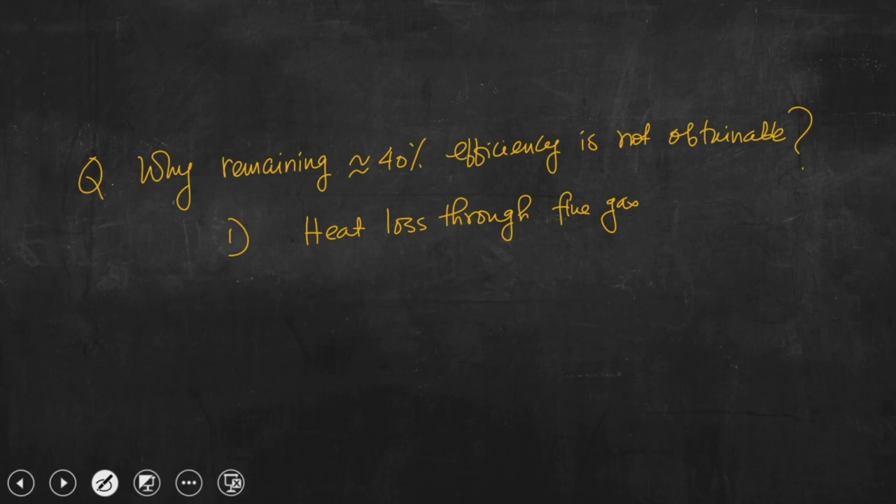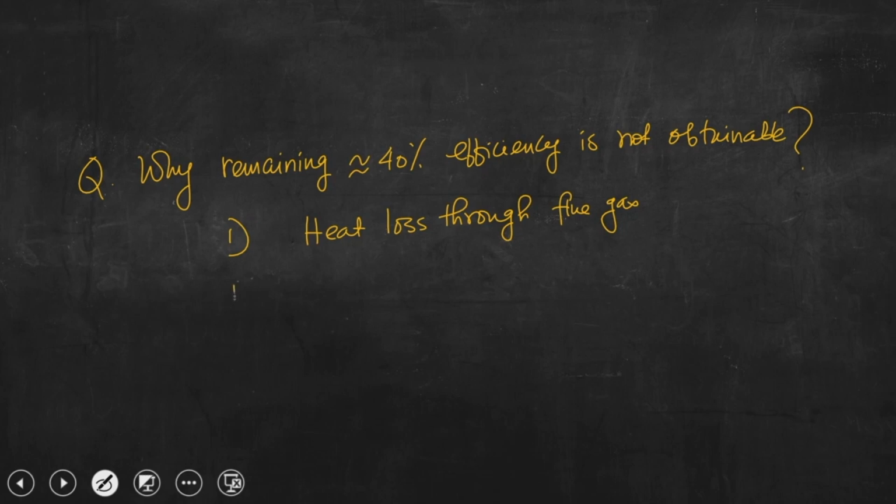We have seen that a significant amount of enthalpy, a significant amount of energy, will be lost if we do not take measures like an economizer to increase the temperature of the feed water. We have discussed all those aspects. Even then, a significant amount of energy is discharged from the boiler without doing any conversion. So, this is one thing.